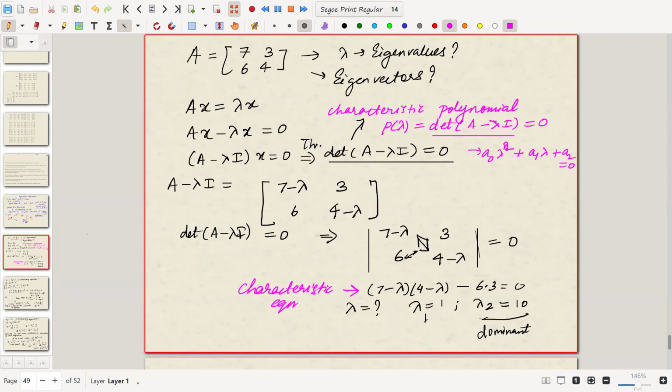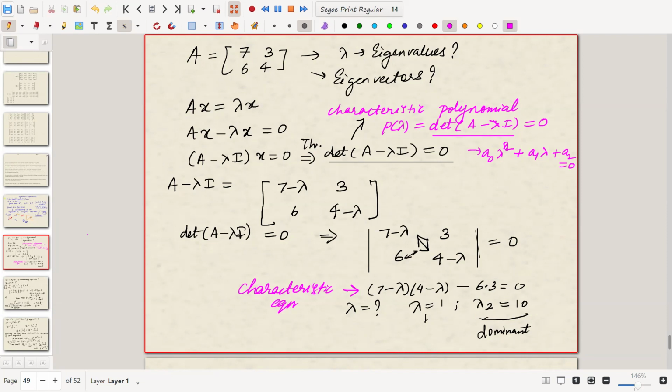So therefore you can imagine that when you solve determinant of A minus lambda equals to 0, you are actually solving a polynomial equation. If you have a 2 by 2 matrix, this polynomial equation is just a second order polynomial, quadratic equation. Now, if you have a 3 cross 3 matrix, it will be a cubic equation.